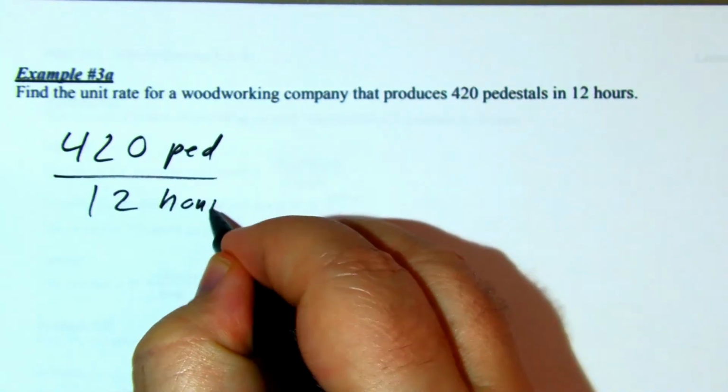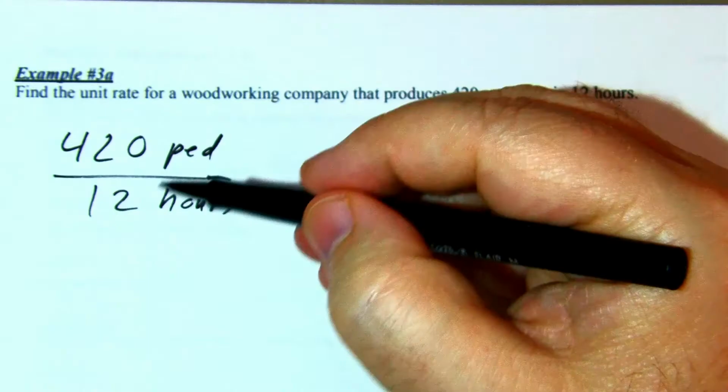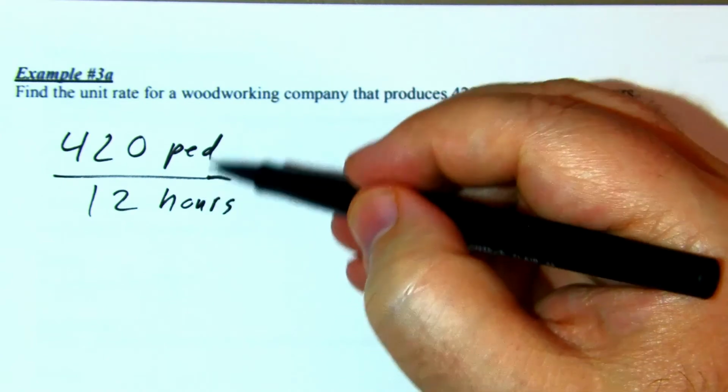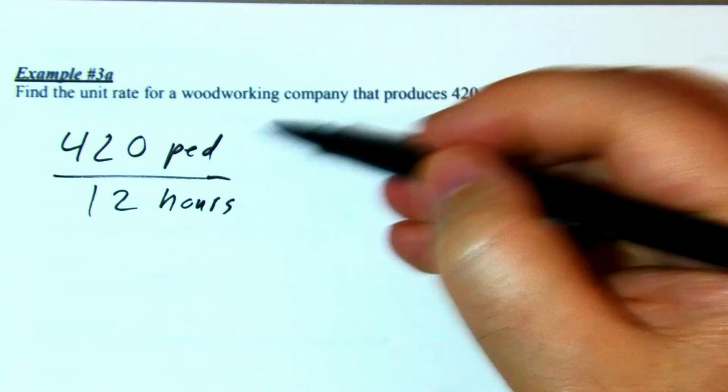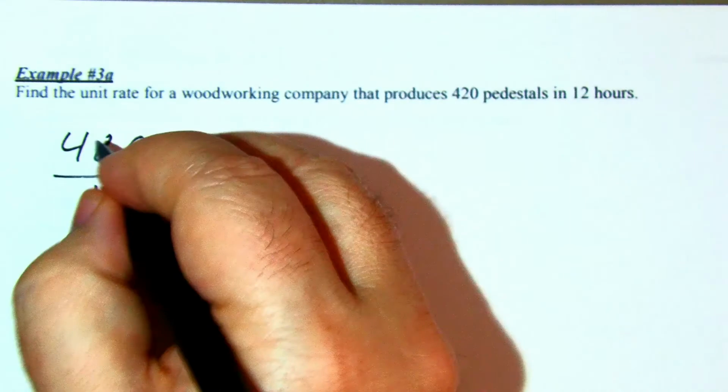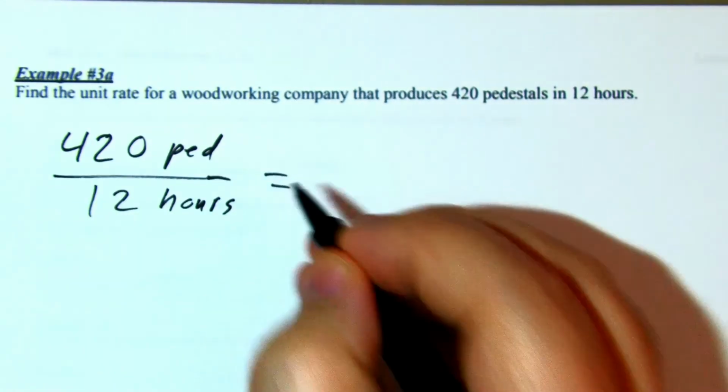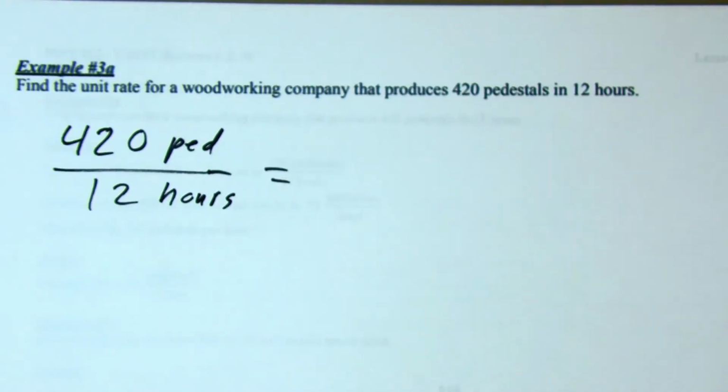You can write out the whole word if you want, but don't leave the words out. The only time we leave them out is if they're identical, and then we cancel them, okay? So now we grab our calculator, and we do the top divided by the bottom. So that's 420 divided by 12. You can just trust me. I got 35.